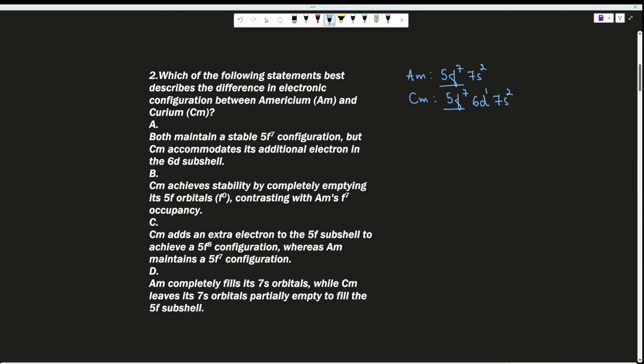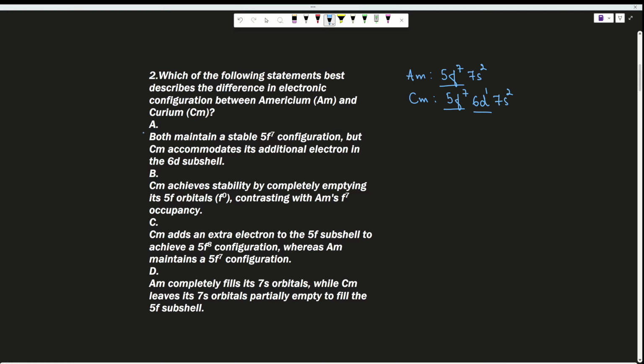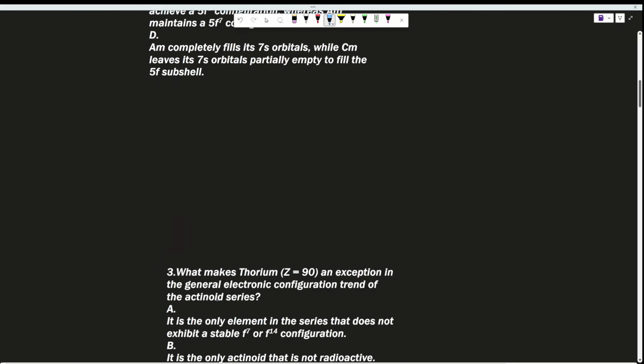The first option says both maintain a stable 5f7 configuration, but curium accommodates its additional electron in the 6d subshell. Yes, that is the correct answer. Okay, next.